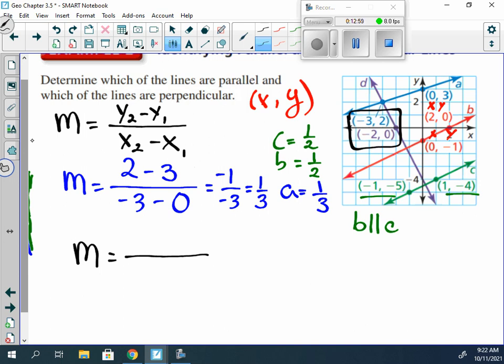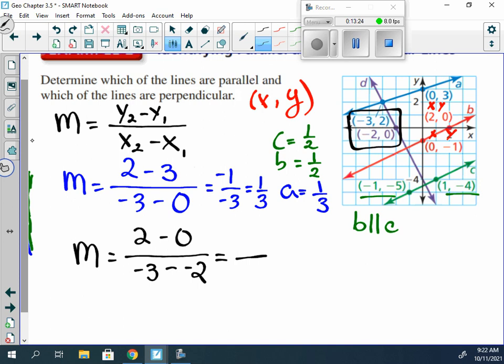So we can say 2 minus 0. But again, the x value with 2 is -3 minus -2. So again, we plug in the y values of the points and then plug in the corresponding x values. They just need to line up.